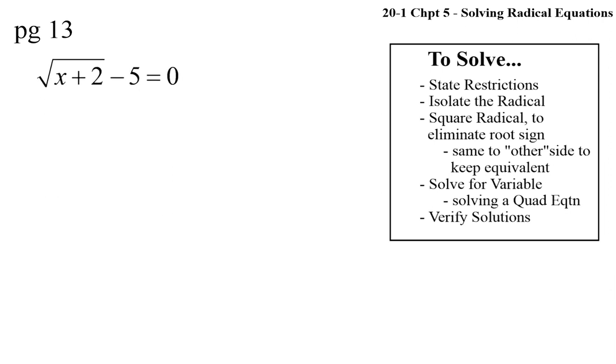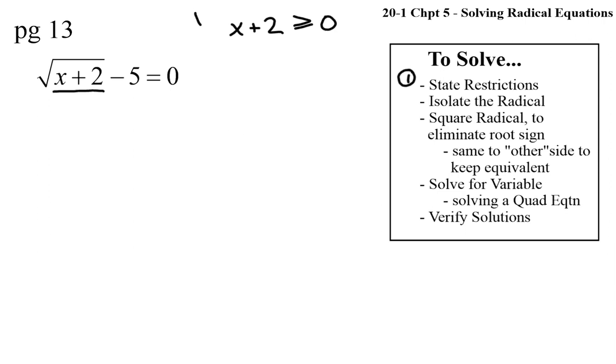The first one, page 13: root x plus 2, subtract a 5, equals 0. Well, here we go. In order to solve these, the first thing we want to do, this actually isn't in the notes, I don't believe, but you might want to add it, is state restrictions. Because x plus 2 is our radicand, we know that x plus 2 has to be bigger than or equal to 0.